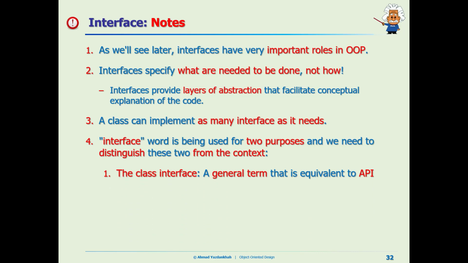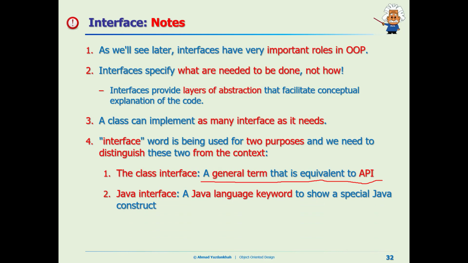At the beginning of the semester, we used interface as a general term that was equivalent to the API, and now we are using it as a Java language keyword for a structure. It's a Java construct. It's a file. It's a separate thing, right? So you need to distinguish whether, when we talk about interface, we are talking about the API or about that Java construct called interface.